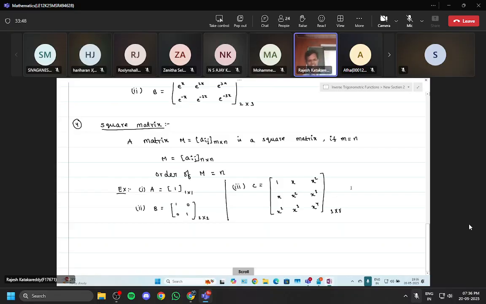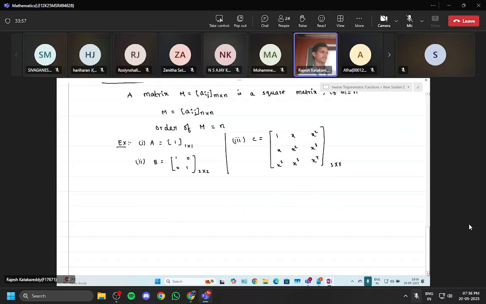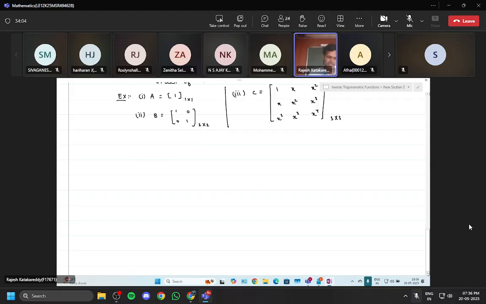Maybe before seeing that type, you should know something called the principal diagonal of a square matrix. Clear? So we are seeing the principal diagonal of a square matrix. I am moving this one up. Anybody writing this? So, principal diagonal of a square matrix.